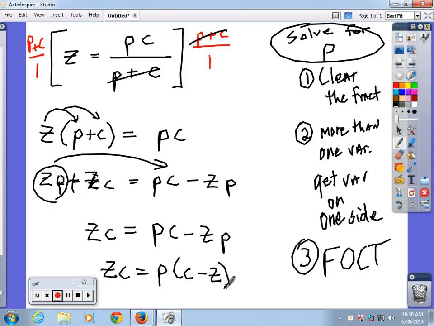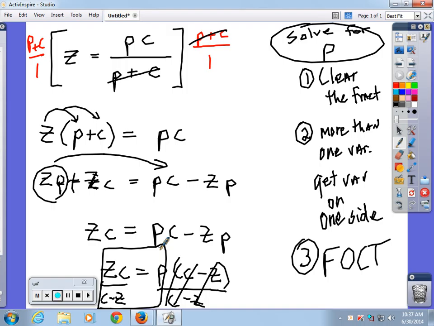Divide by C minus Z. So I'm going to divide this side by C minus Z, and this side by C minus Z. It's supposed to be minus Z, because I brought the ZP over. And the C minus Z's cancel over here, and you're left with P is equal to ZC over C minus Z.